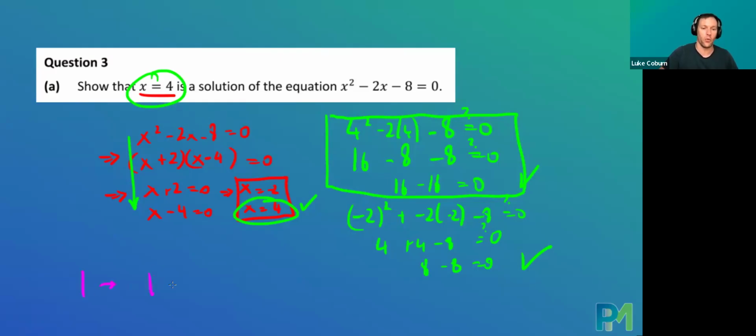If we put 1 in there, we get 1 squared minus 2 times 1 minus 8. Is it equal to 0? That's 1 minus 2 minus 8. The left-hand side here is actually minus 9. Minus 9 is not equal to 0. So it doesn't work for almost every example.